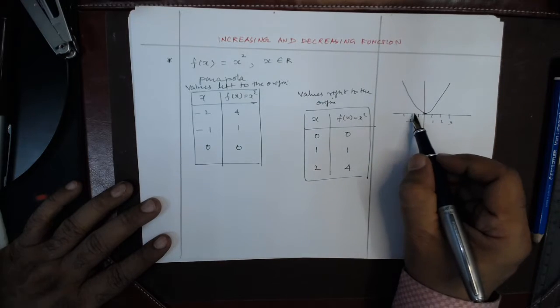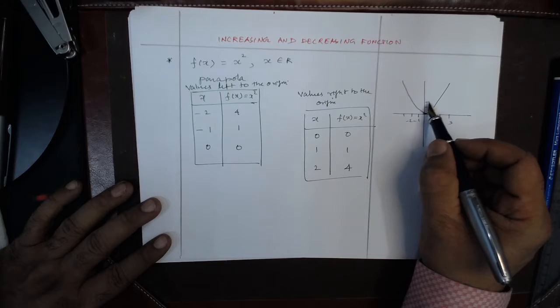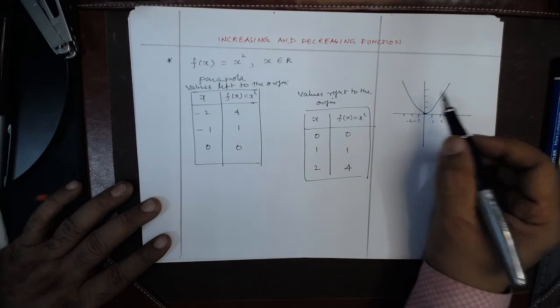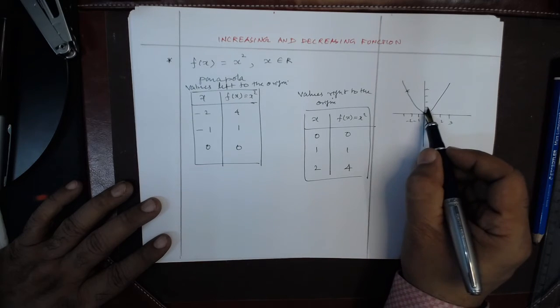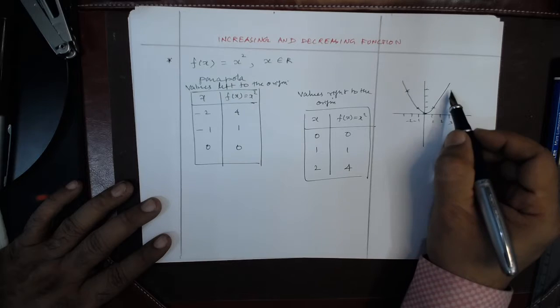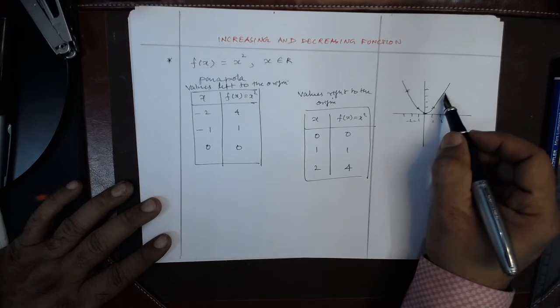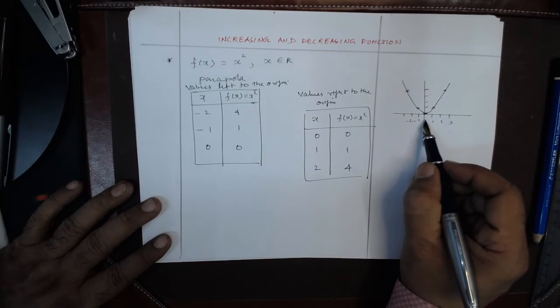For example, when I put -2, what will be the value? So here let me say 1, 2, 3, 4. So -2 means I can fix here. Am I right? And -1 means 1, so here. Similarly here. And -2 means 4, here. And what about 0 here? So this is 0.